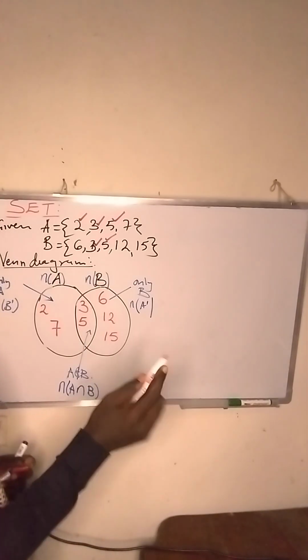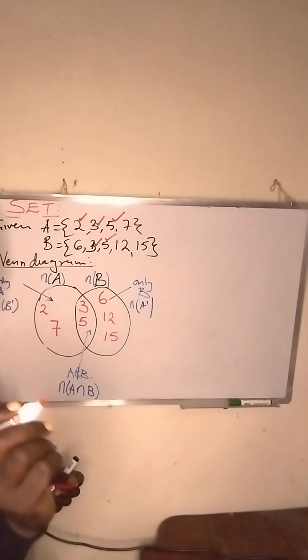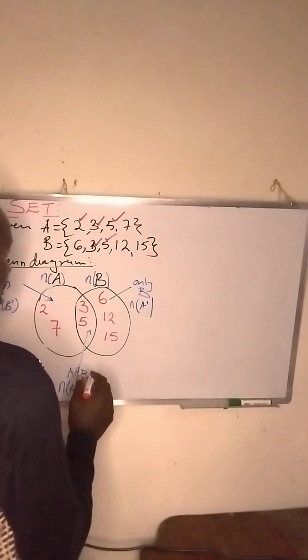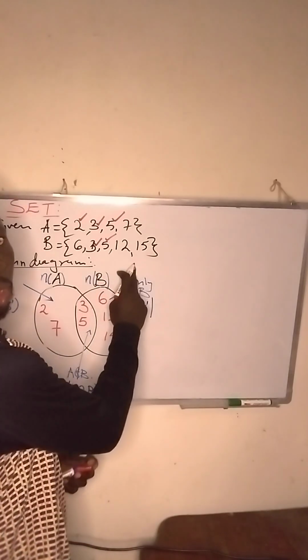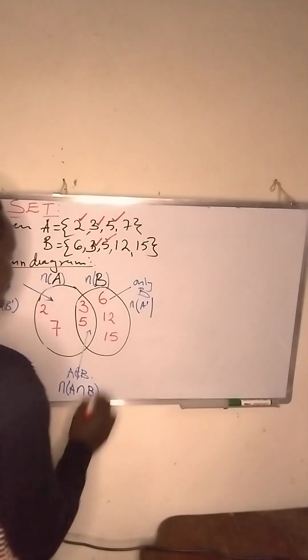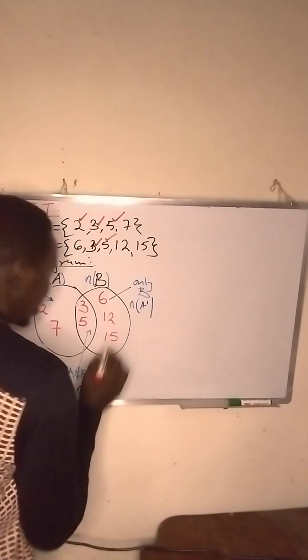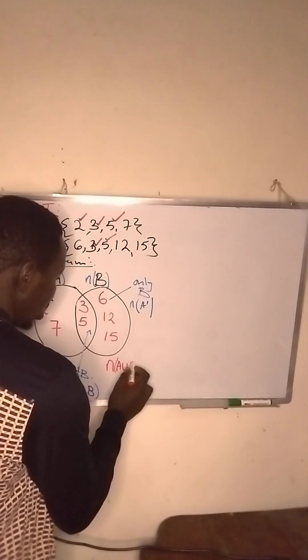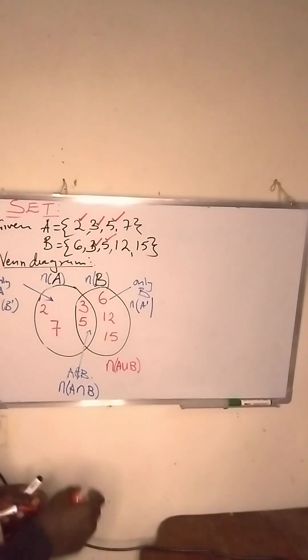Now look at this one very critically. Let us just use this space here. Do you know that when you look at the number of A union B, it means what?